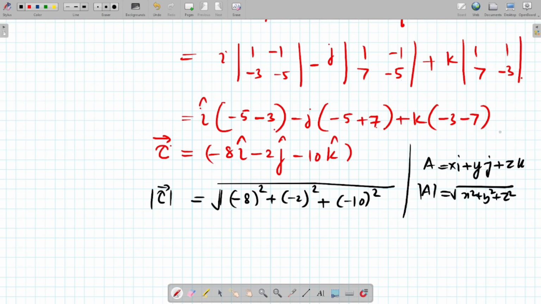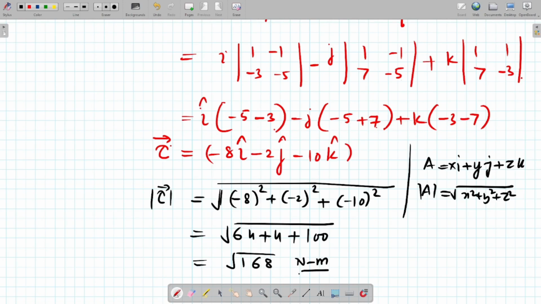So this is how you can know, it is 64 plus 4 plus 100. So it is square root 168 Newton meter. So this much of torque is generated. Okay. Is this understood or not?